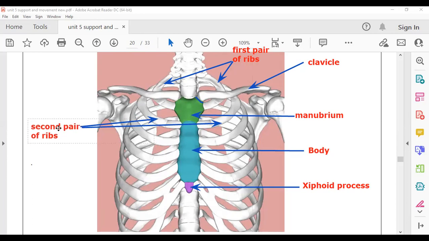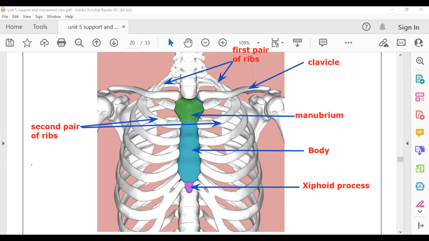Correct? Yes, sir. But according to your syllabus, it is articulating with the manubrium.